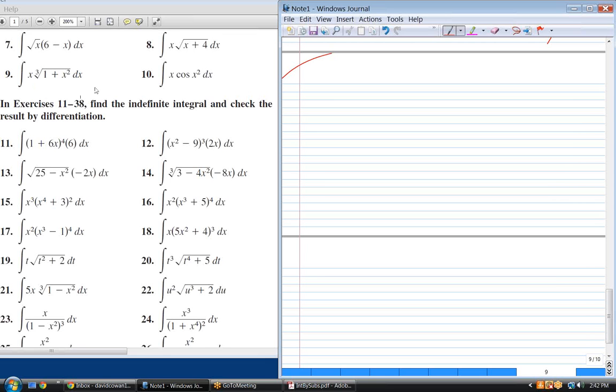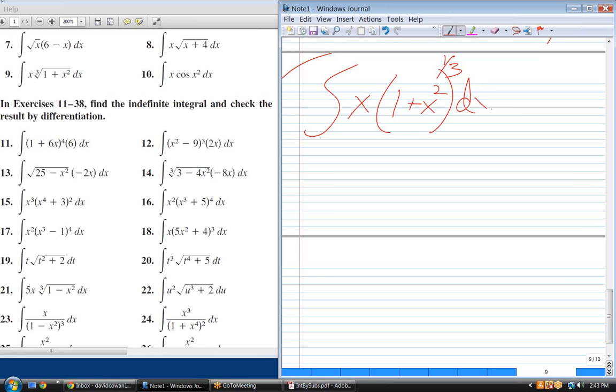That looks a little... What do you recognize about number 9? It's the product of two things, right? What's the derivative of the inside thing? 2x.